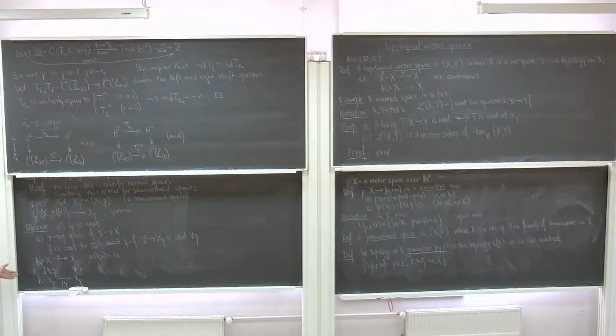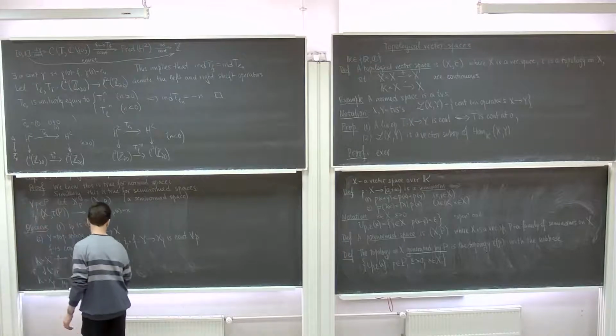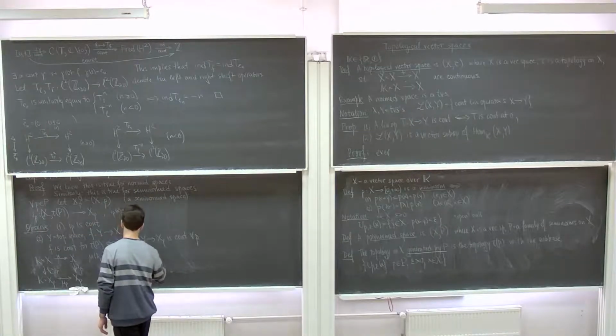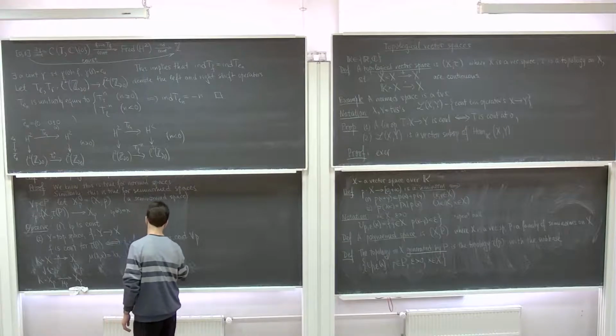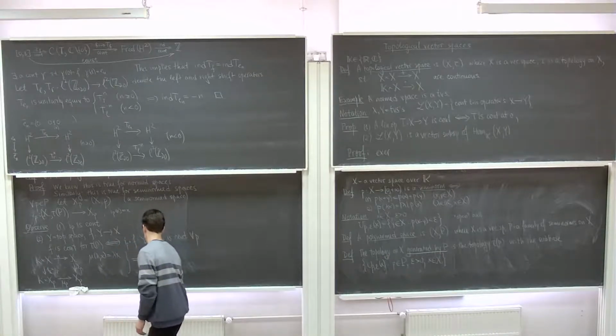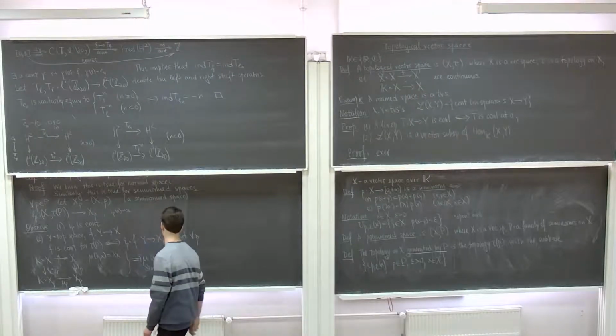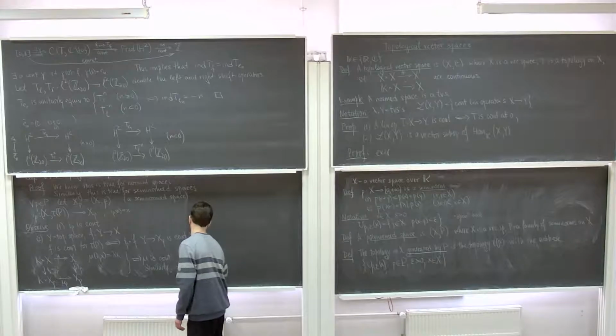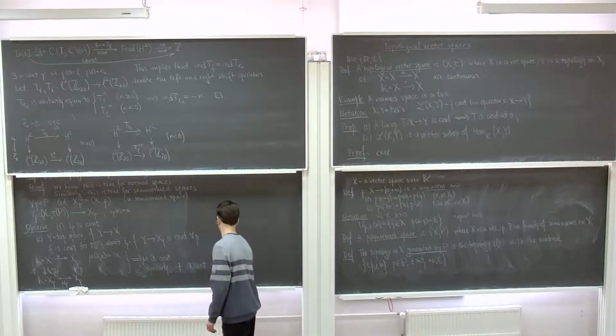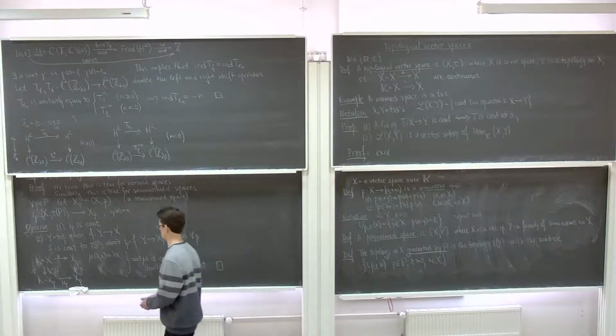The diagram is obviously commutative. Now, to show that mu is continuous, we have to show that this composition is continuous. But this composition is equal to this composition, and this one is continuous because I_p and mu_p are continuous. So this diagram implies that mu is continuous. And similarly, we can prove that the plus operation on X is continuous. And this completes the proof.